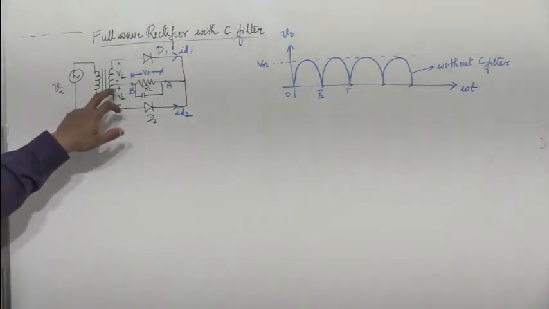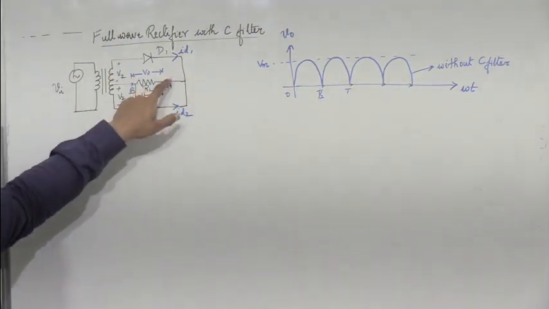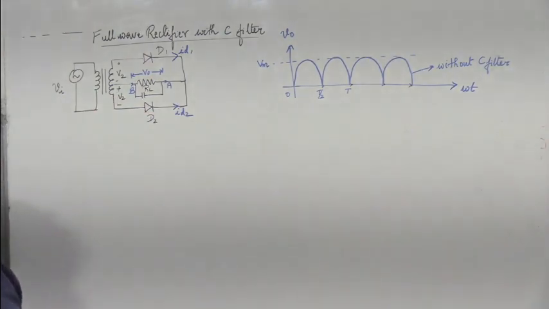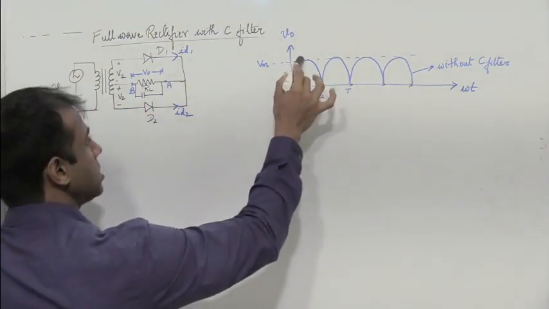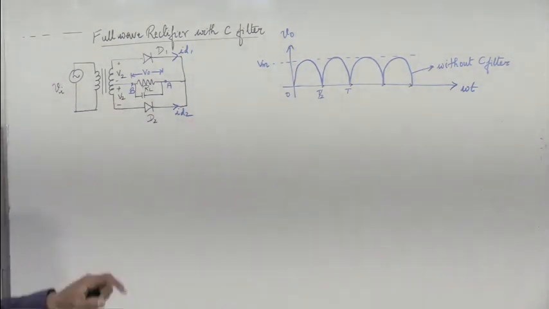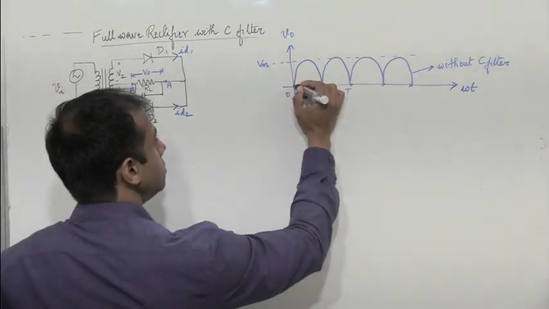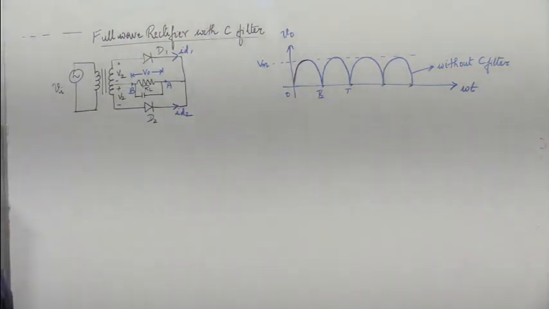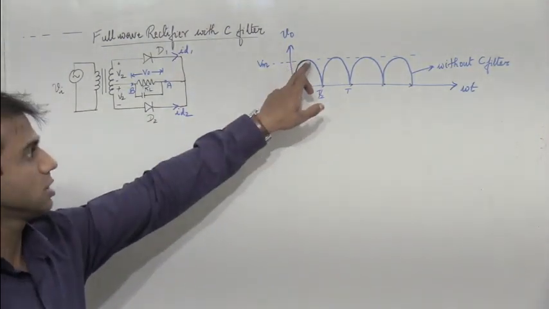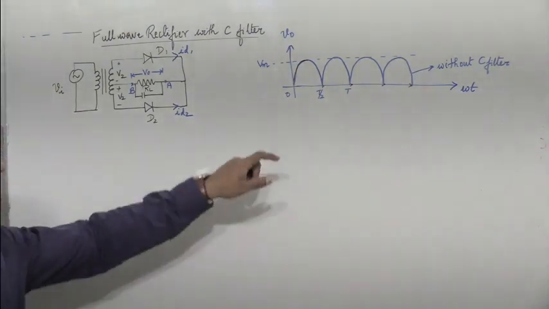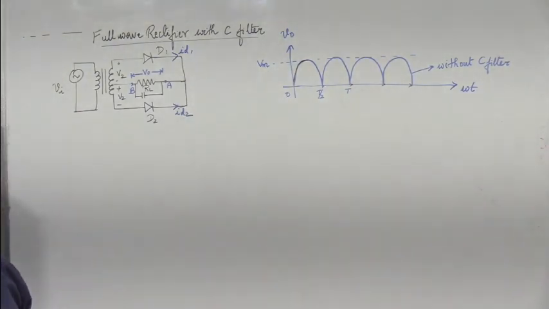Right? Now during the positive half cycle, the current flows through RL and the output voltage is V0. Let us assume that the maximum peak voltage is Vm. So the capacitor charges to the maximum peak voltage Vm very fast. That means it follows the output voltage V0 and reaches the maximum voltage Vm.